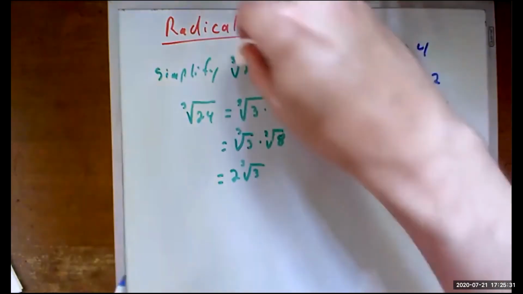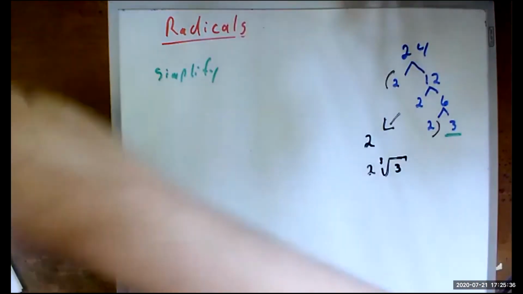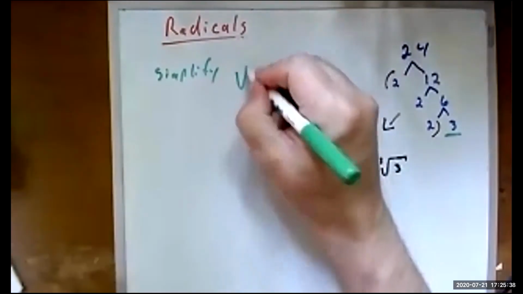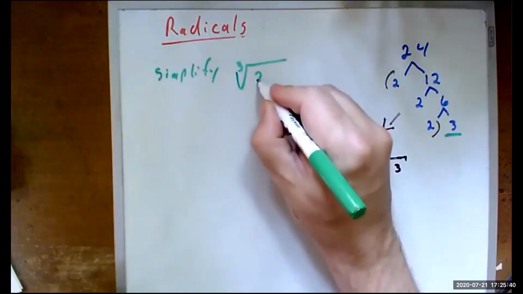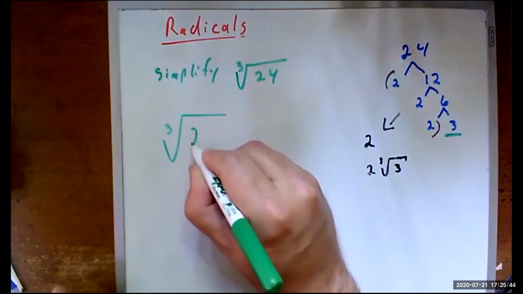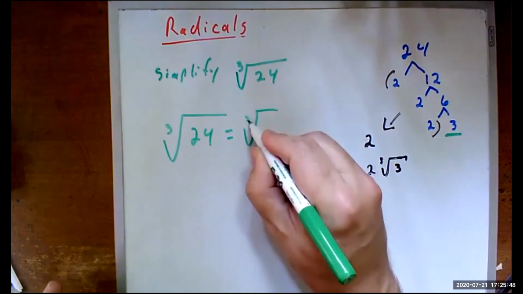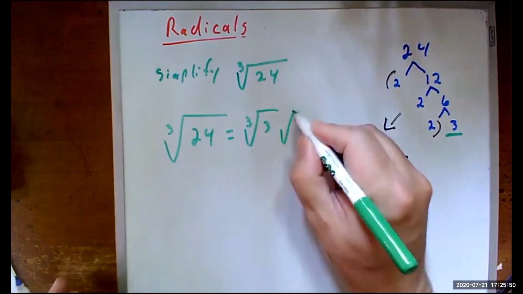And yes, I will try and write things bigger so that my exponent 2s and exponent 3s are a little bit more clear. Let me rewrite this bigger, and you'll tell me if that works. So let's go with cube root 24.